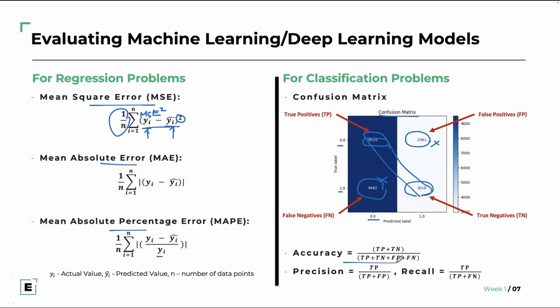And then I can calculate the precision and recall. Recall is also called sensitivity. And this is called specificity. These concepts have come from the medical world, and we will see how to understand them.